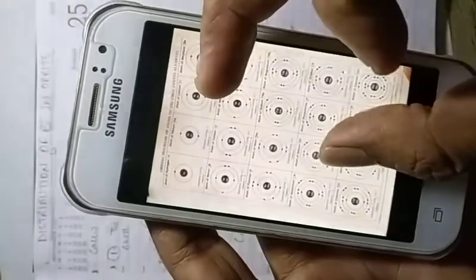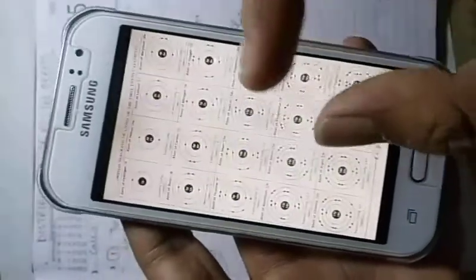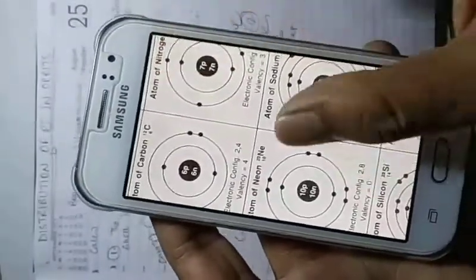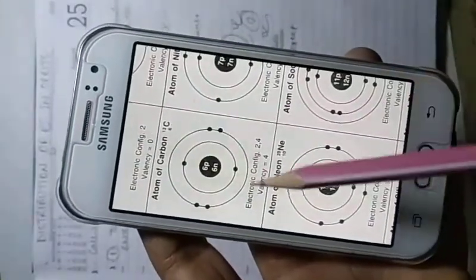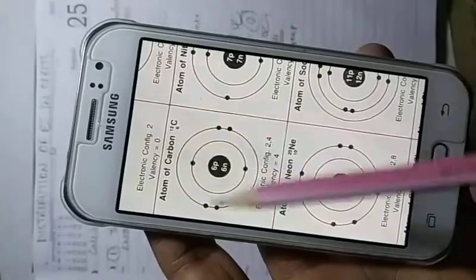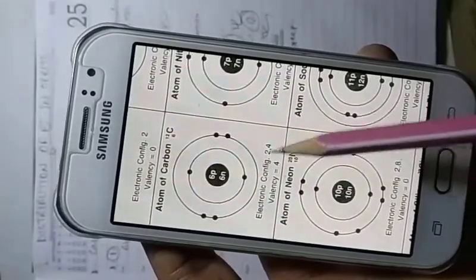And a picture is present in your book. Here you can see all atoms, the number of electrons present. Here for carbon, students, carbon has 6 electrons, and here you can see 2 and 4. The K cell contains 2, the electronic configuration is 2, 4.